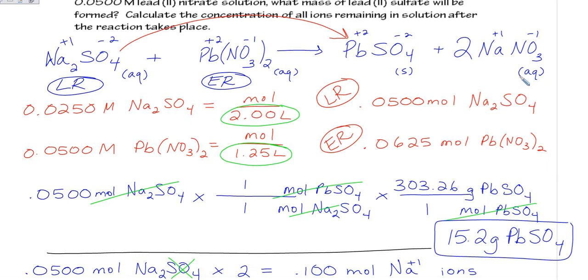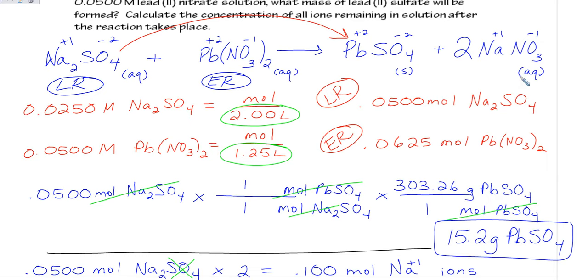There's one more ion that's secretly hiding in this solution. Have you found him? It's not the sulfate. Sulfate was part of the limiting reactant. All the sulfate ends up as lead sulfate precipitate. I bet you see it now. It's the lead. Lead was part of the excess reactant.